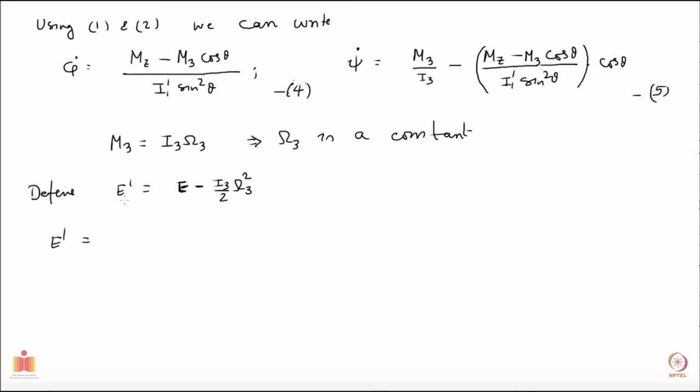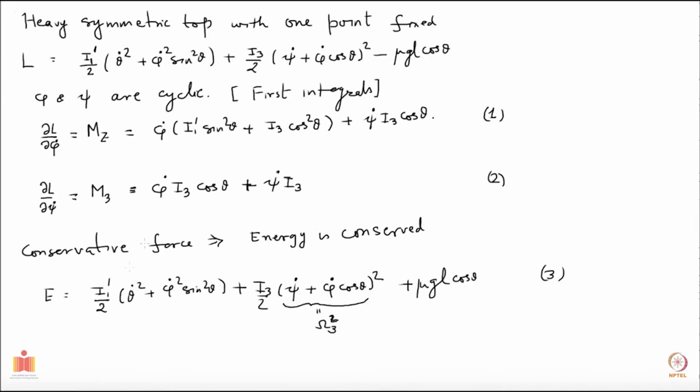So I get, when I substitute in E prime, the following. I get I1 prime by 2 theta dot square, that's this thing, and then phi dot is expressed in terms of theta. This is anyway involving theta. This is gone to the left side.